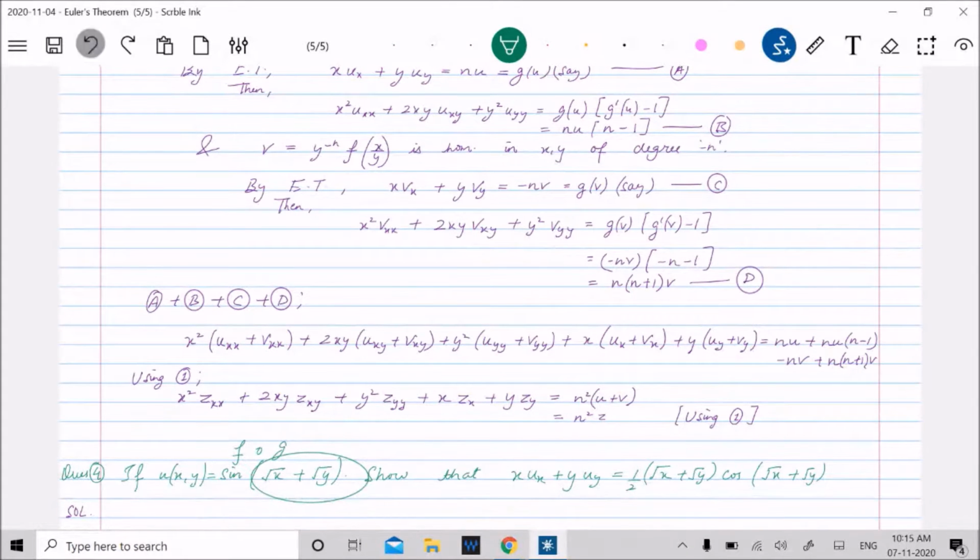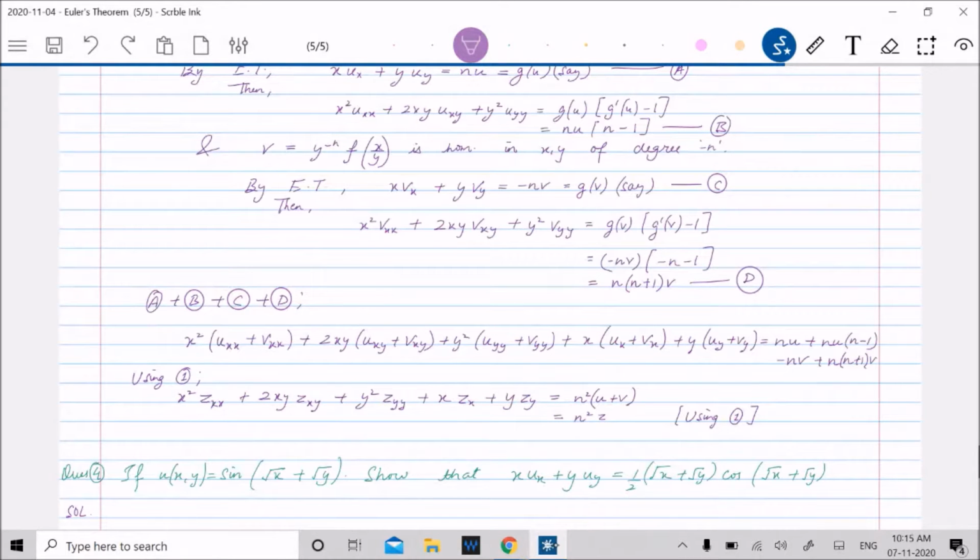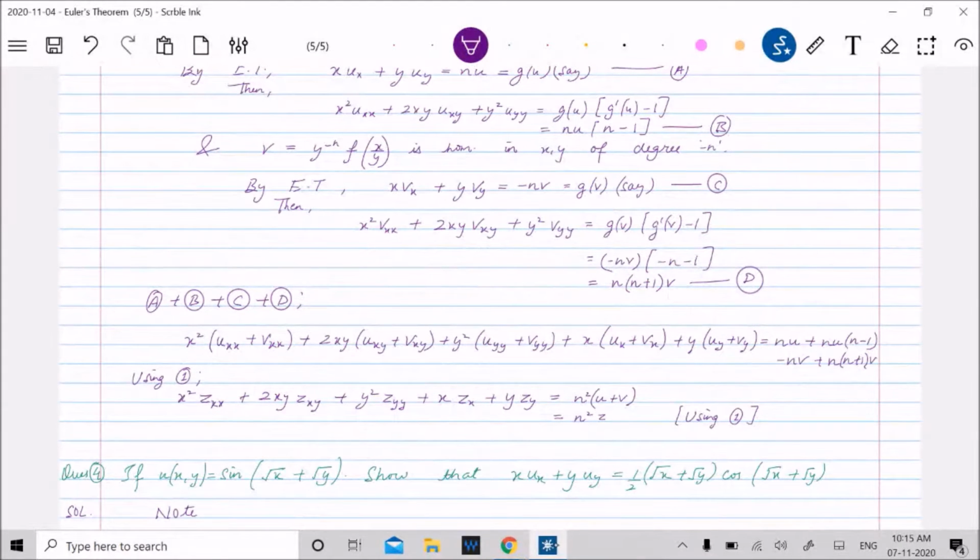Okay. So what is stopping you from having this overall function u as a homogeneous function? f is stopping you. The problem is created by this sine function. If you are able to get rid of this sine function, suppose you take it here, then it will be converted into a homogeneous function, but that will be a function sine inverse u. Just note that u of tx comma ty cannot be expressed as t to the power n times u of x comma y.